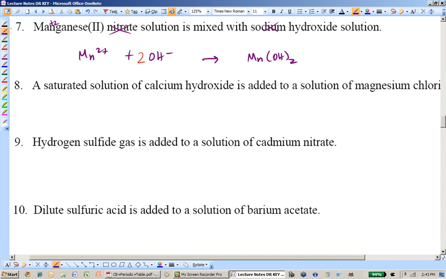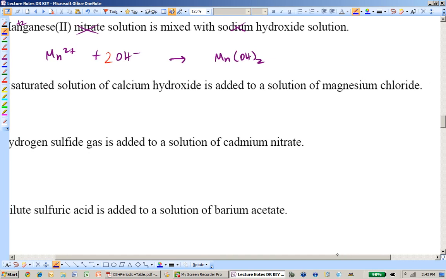Okay, moving on along. A saturated solution, again, let's think saturated versus suspension. This means I don't see any solid yet. So this word is nice, but it doesn't give me any help. Of calcium hydroxide. Okay, calcium hydroxide is on the fence, so you can write it together or you can write it apart. It doesn't matter. You just got to write calcium hydroxide. It's added to a solution of magnesium chloride.